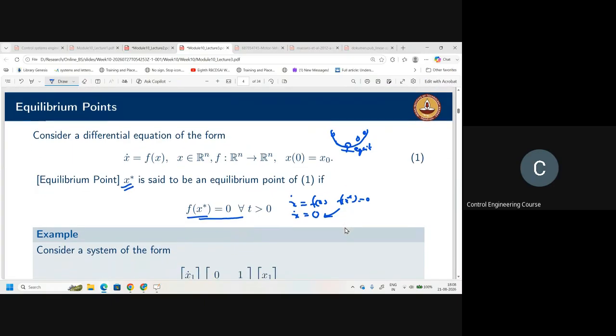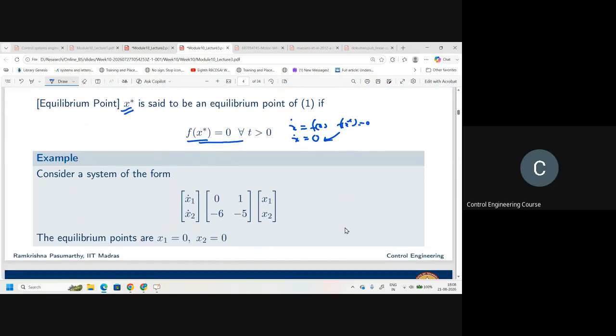So how do we calculate the equilibrium point for the case of a linear system given by x dot equal to the matrix 0 1, minus 6 minus 5 times x? That means x1 dot is equal to x2, and x2 dot equals minus 6 x1 minus 5 x2.